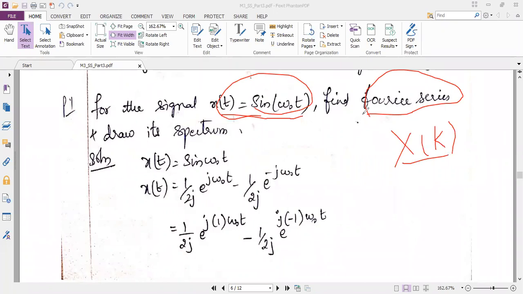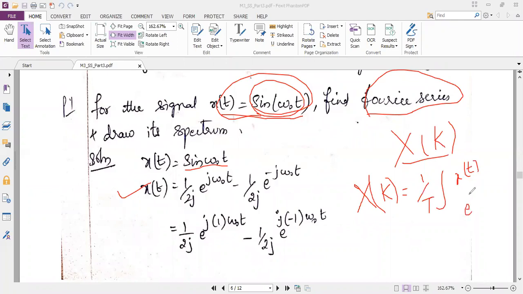Now, if the given question is having sinusoidal component or cosine component, we can just expand the given sine of omega naught t. Originally, you all know very well, we have a formula for X of k also. X of k is equal to 1 by T integral x of t e power minus j k omega naught t.